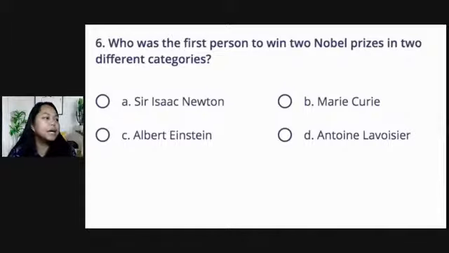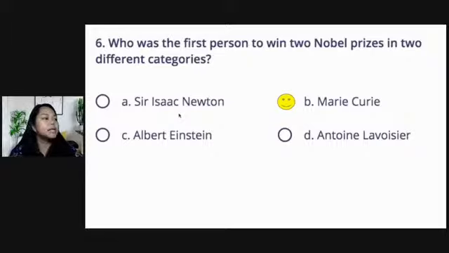Okay, letter B. Karamihang choice nyo ay letter B. And letter B here is the correct choice. Okay, so that's Marie Curie. Sir Isaac Newton, we know him to be the one who gave us the 3 laws of motion. Siya din of course yung nagsabi ng gravity, no?